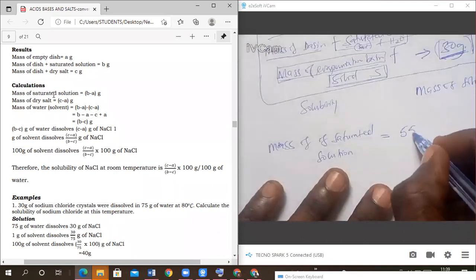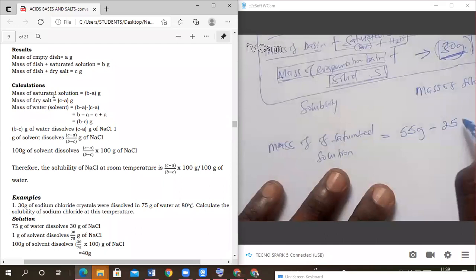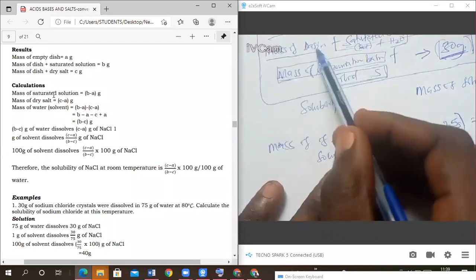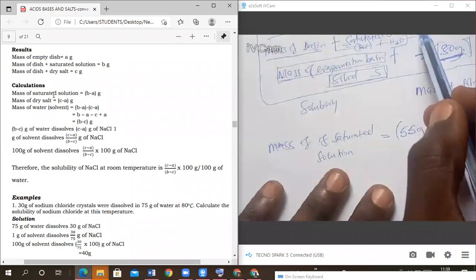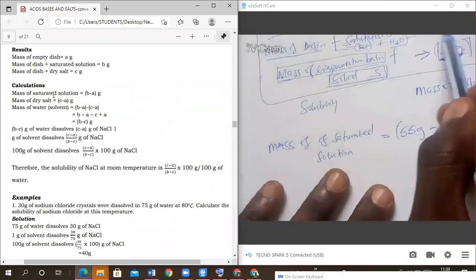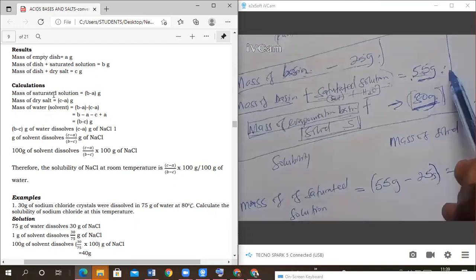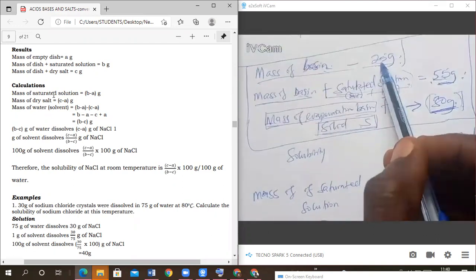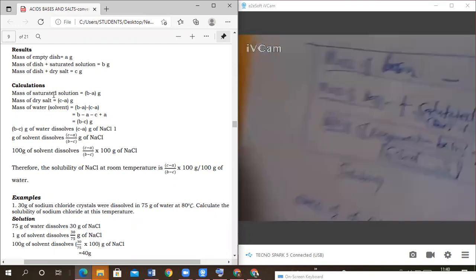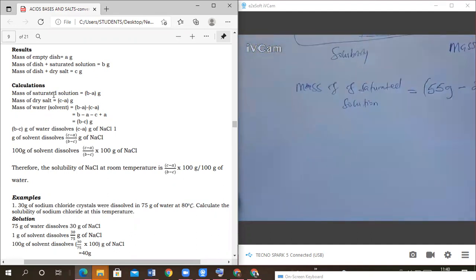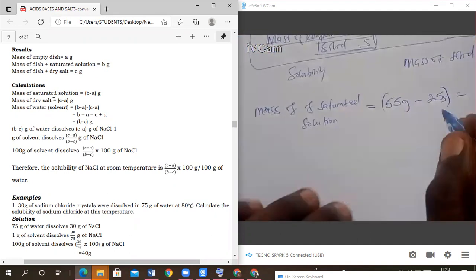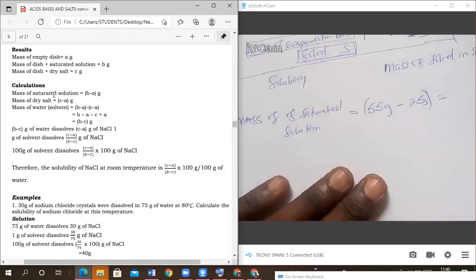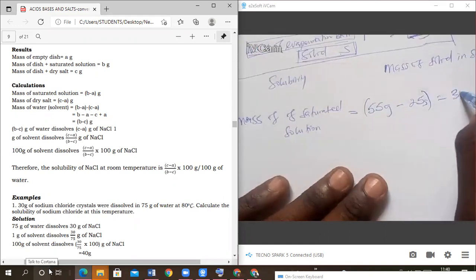55 grams minus 25 grams, because we have the mass of the basin, which is this, and then we want the mass of the saturated solution. It's going to be this minus 25. If you subtract the two, what do you get? 55 minus 25, what do you get? 30 grams.